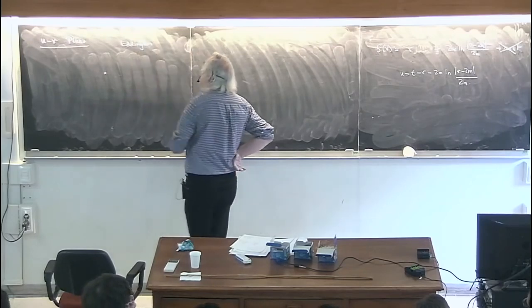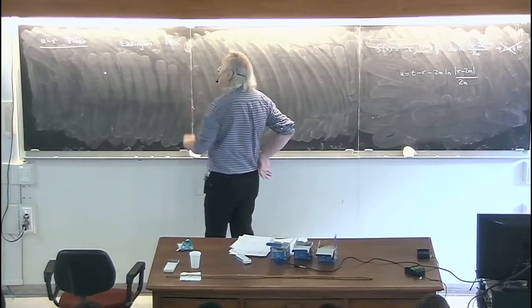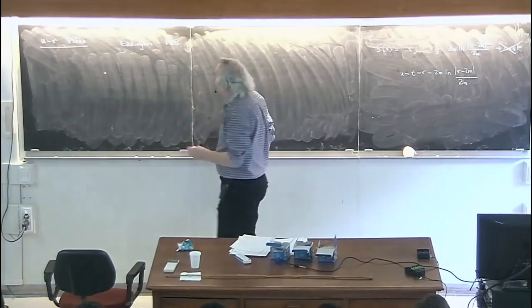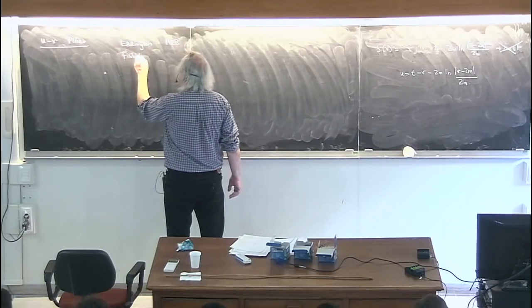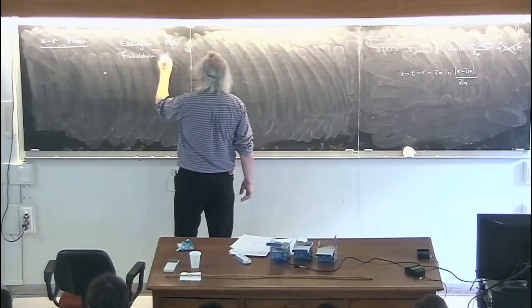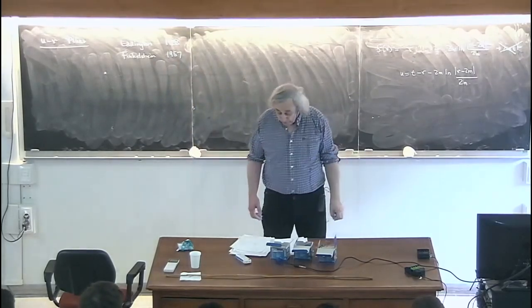Eddington was in 1928, but nobody really believed him, and it was revived by Finkelstein in 1957. So let's try and look at the u-r plane.